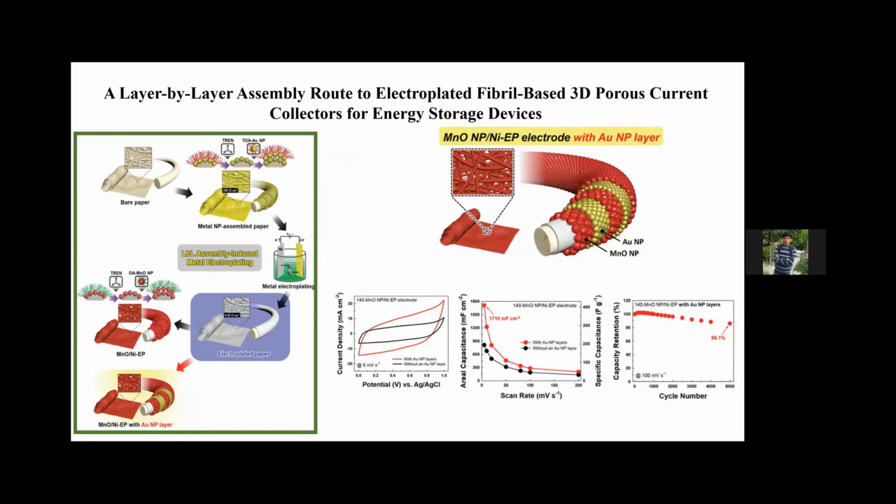Suppose they use a flexible substrate, a normal paper that contains many yarns, and after chemical treatment and other experimental processes, they transform it, and then using the electrochemical EPD method, they deposit the metal oxides.